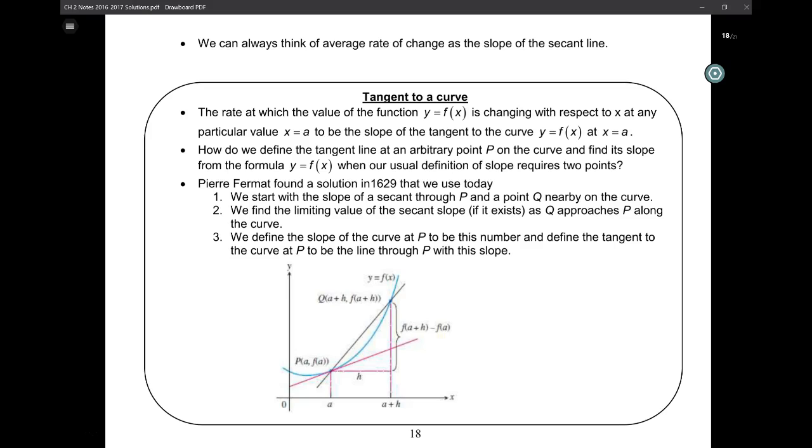In other words, the distance between them has a limit that goes to 0. Then we can still find that slope. So that's essentially what we're doing here. We're taking this point, moving it closer and closer, so we're taking 2 points where the distance between them is going to 0.